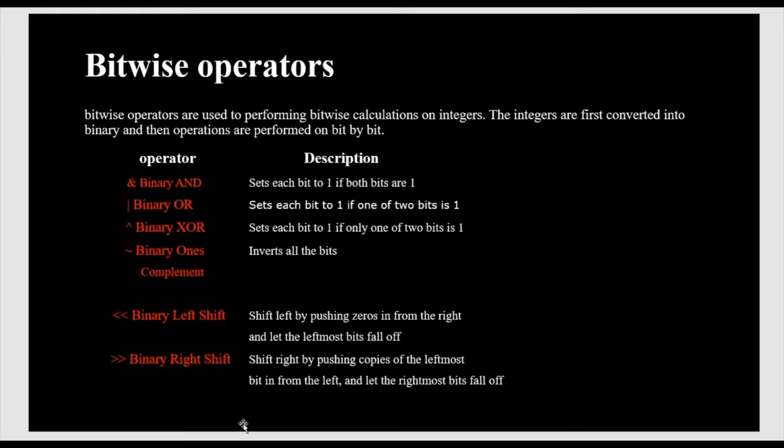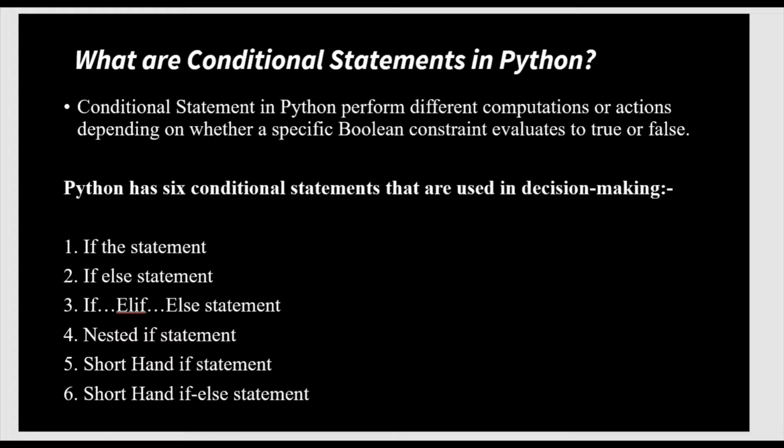And the next one is conditional statements. So we can discuss some of the conditional statements. What are conditional statements? A conditional statement makes Python perform different computations or actions depending on whether a specific Boolean constraint evaluates to true or false.